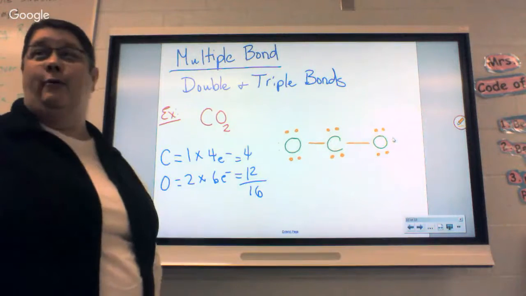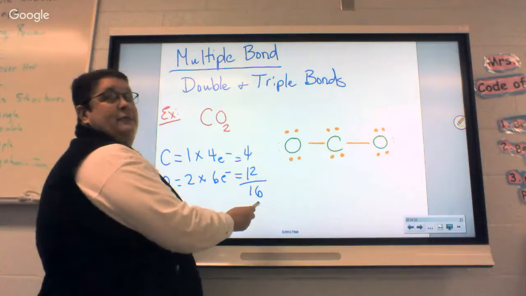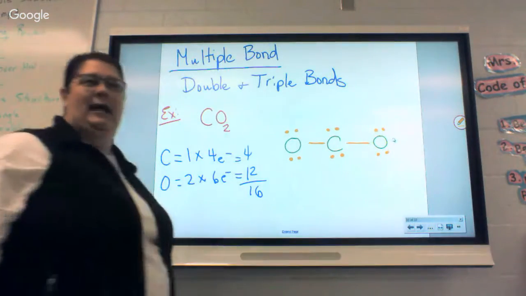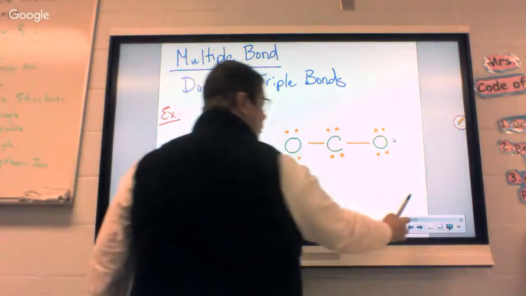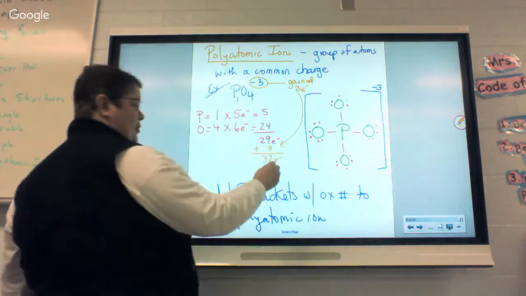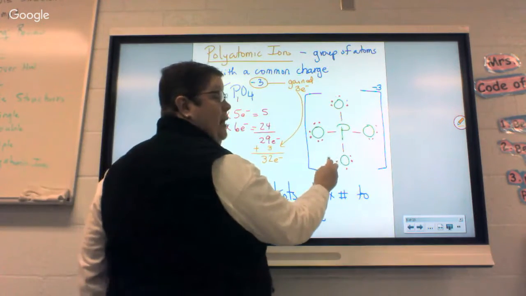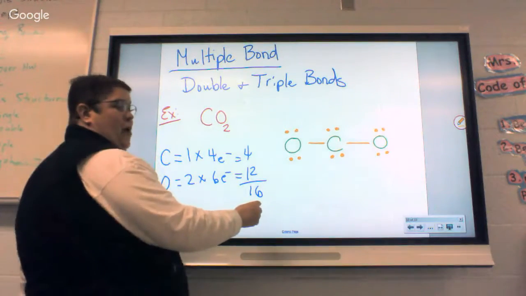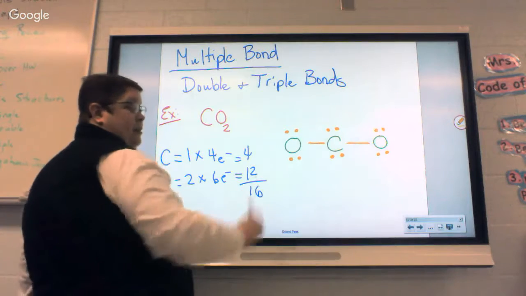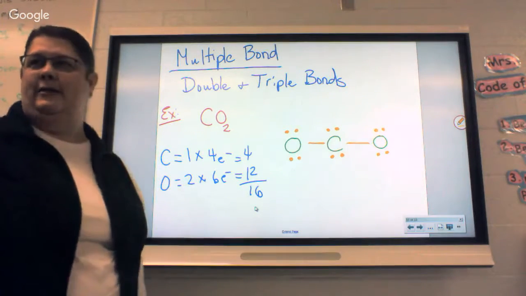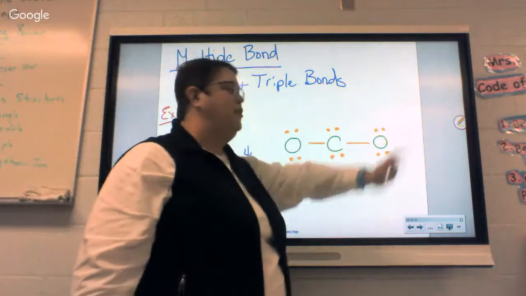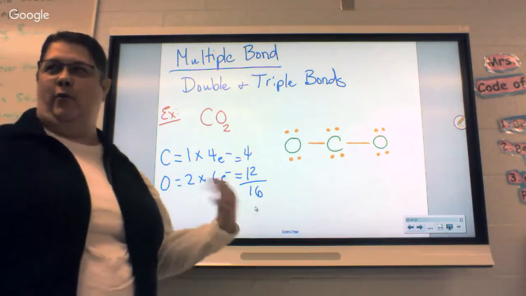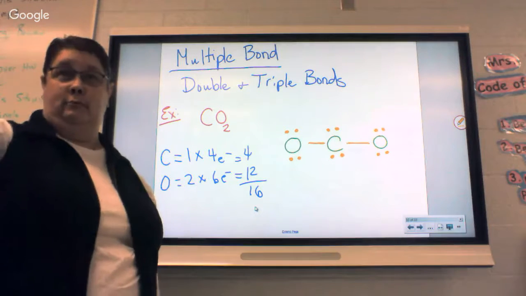I'm only allowed 16 dots, which is why I said earlier that I had to check to make sure I had the right number and that everybody had 8. So I can't just drop in 2 more here and 2 more there. All I can do is rearrange them to make them share.